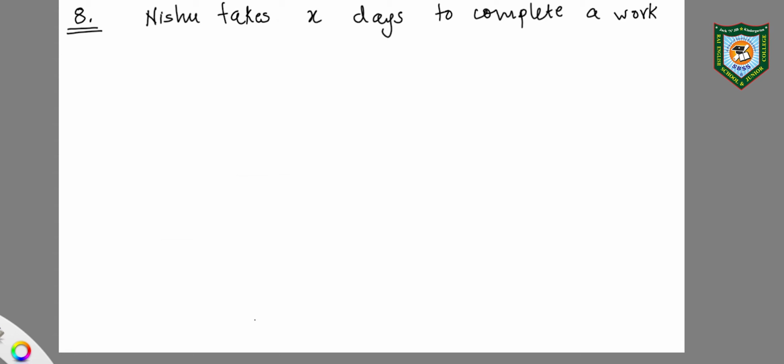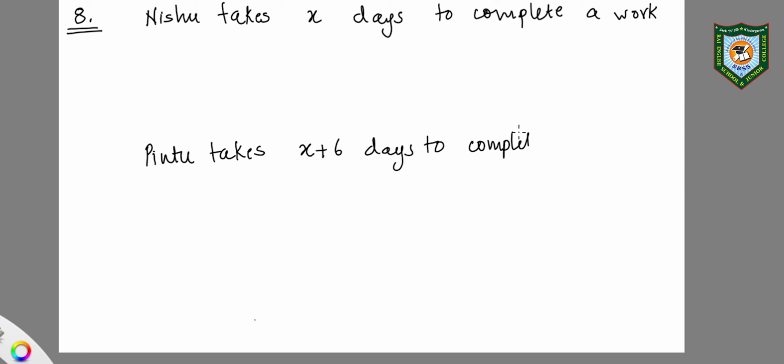And Pintu takes 6 more days. So which implies Pintu takes 6 more days than Nishu. That means Pintu takes X plus 6 days to complete the same work.